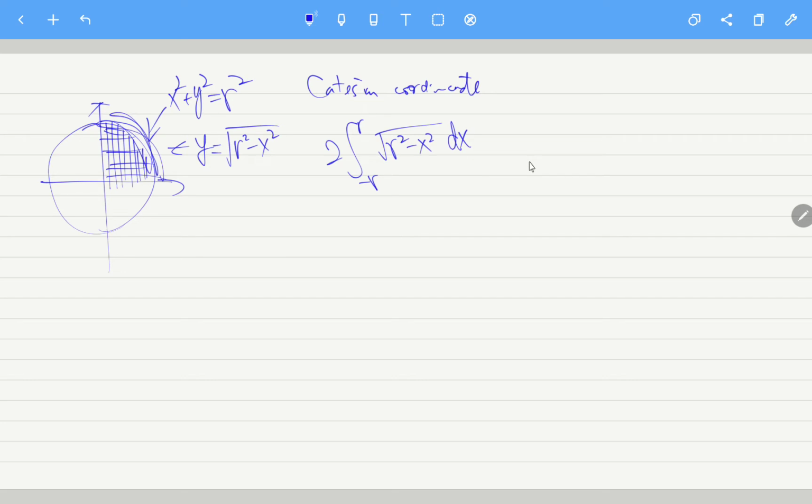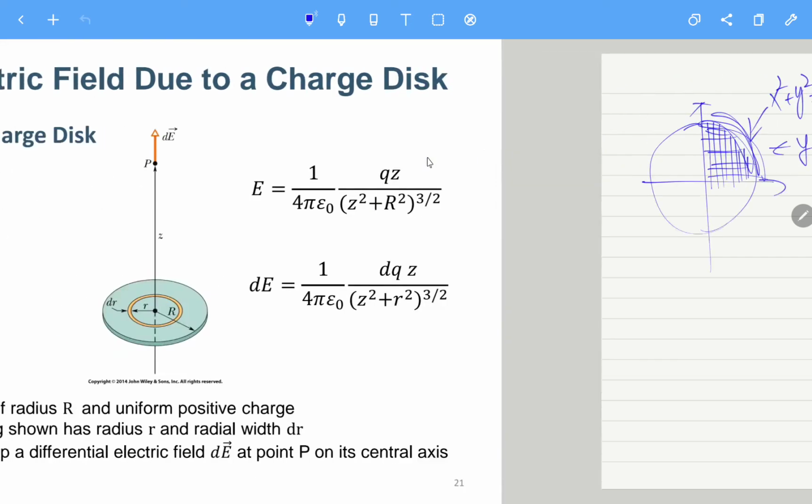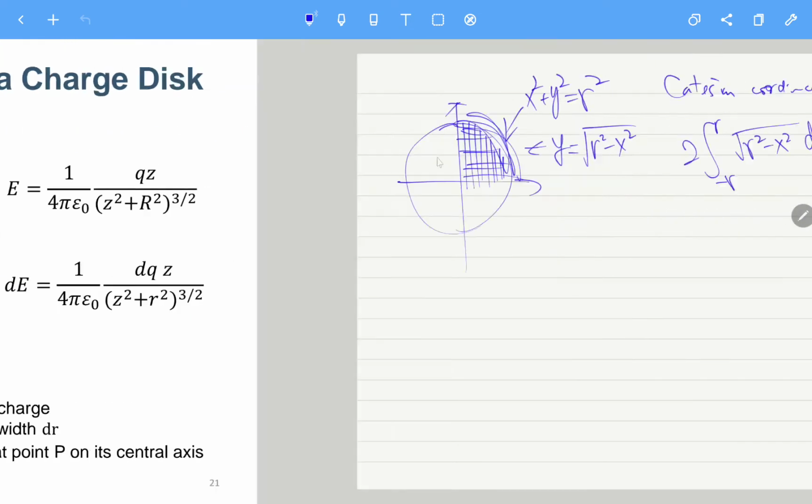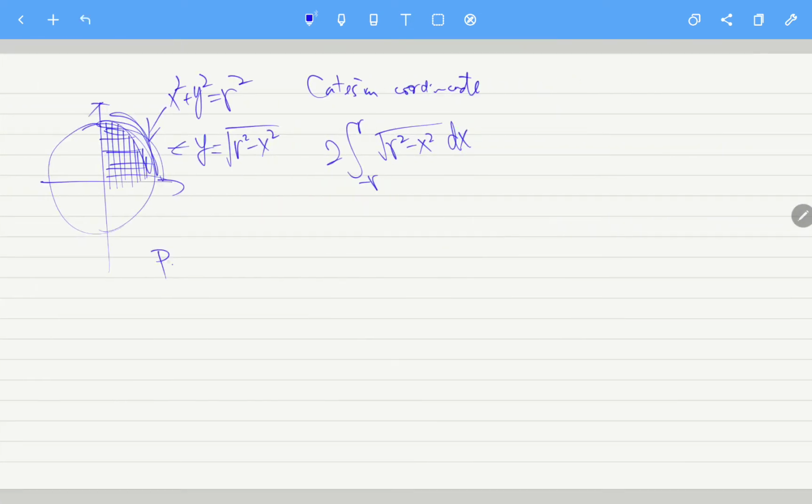You need to substitute x with r times sine of a variable, and then do many calculations, which is not so trivial. So here we will use something called the polar coordinate, which in Chinese is called 极坐标.